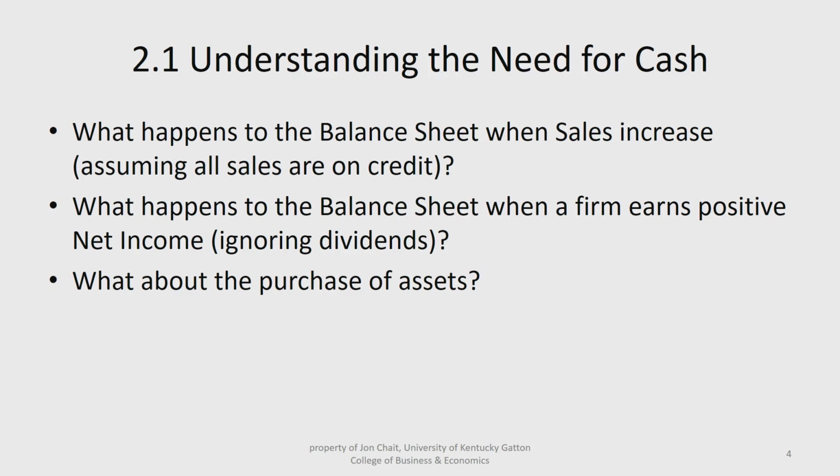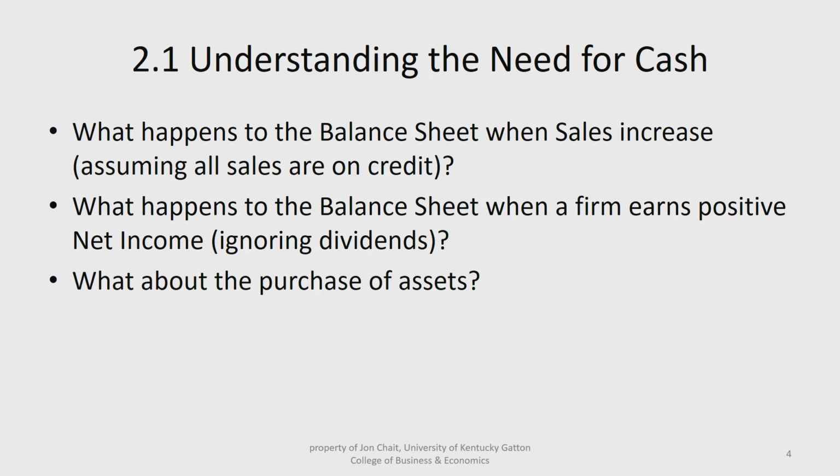So starting off, let's just do a little bit of conceptual analysis. What happens to the balance sheet when sales increase, assuming all sales are on credit? Later on, we'll do some mathematics.